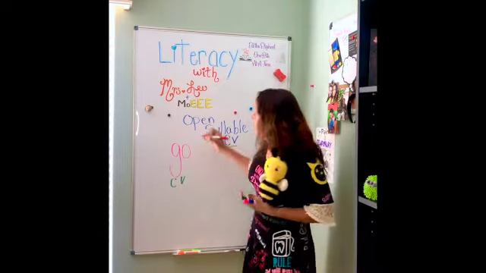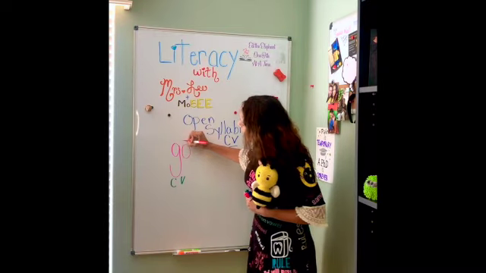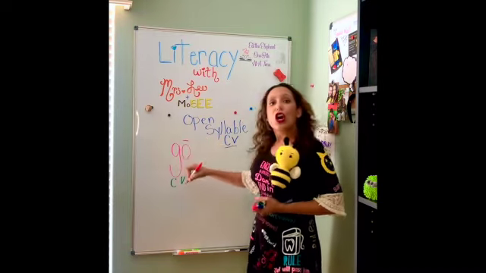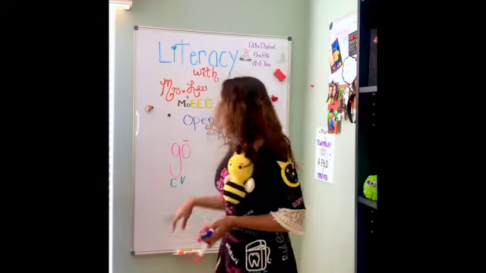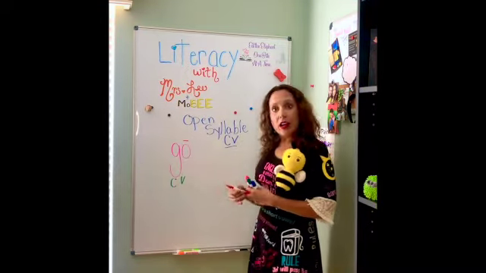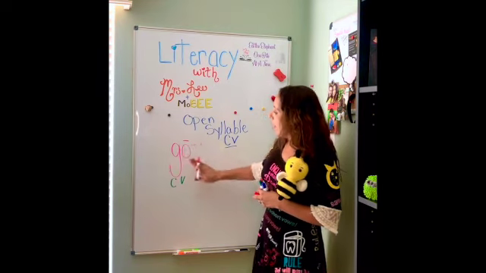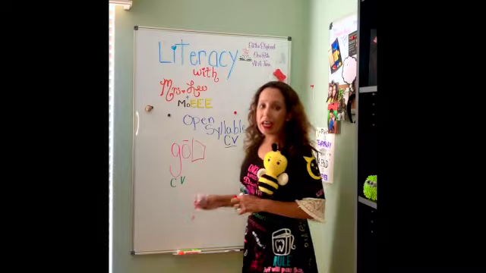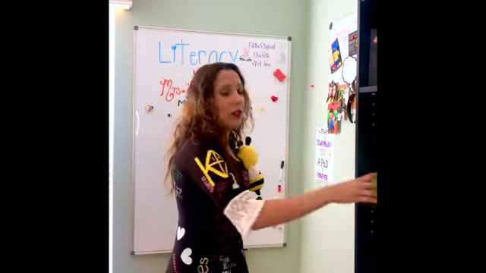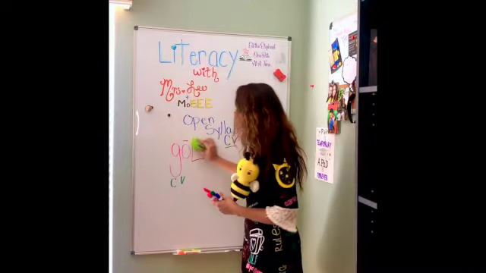So because it's long, we're going to add the macron. And the long O sound says O. So our word is go. This is an open syllable. There is nothing here that is blocking the vowel. Let's try another one.